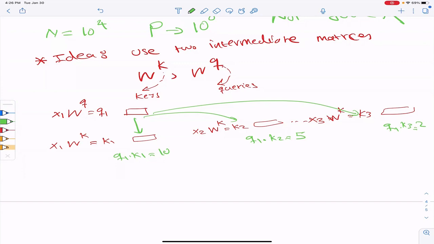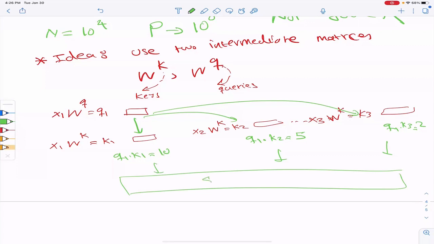I want to convert these numbers to probabilities. So what is the function that we usually use? Softmax, right? You have 3 numbers, it converts it to probabilities. So apply a softmax. Then you will get 3 probabilities.